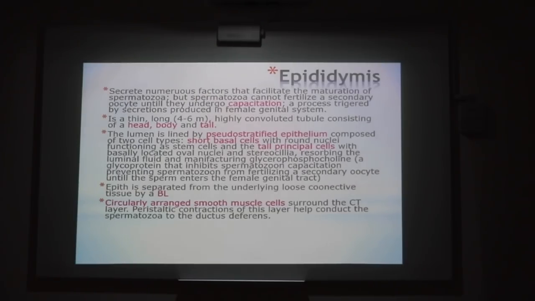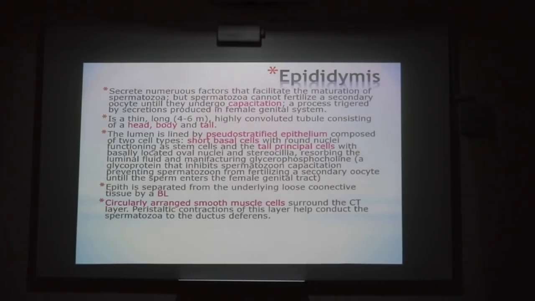The other thing which is going to happen within the epididymis is a calcium influx into the sperm, which results in them acquiring motility, because calcium influx will lead to induction of the protein kinases and phosphatases, and these kinases and phosphatases are important for motility of the sperm.